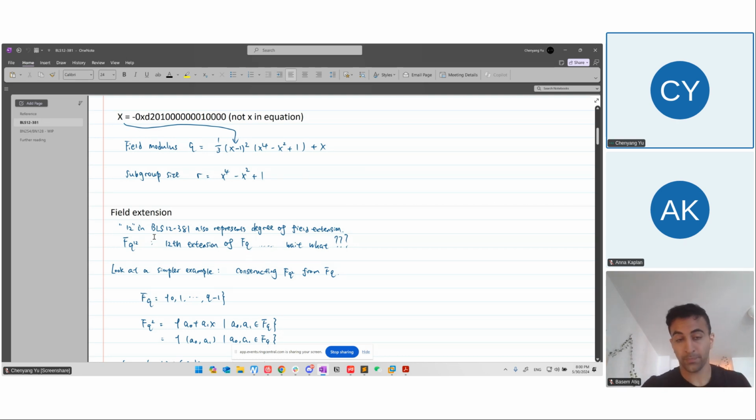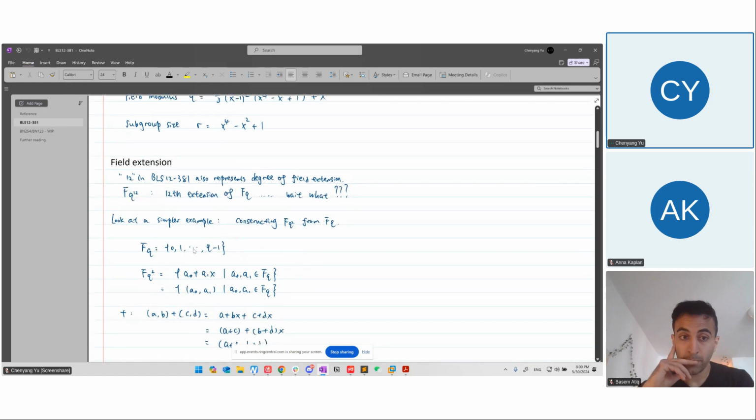Therefore, we have to do a field extension until we reach FQ12. This is still confusing notation, but don't worry, we're going to cover it slowly. Let's stop worrying about FQ12 and ask how we construct FQ2 from FQ. This is a simpler example.